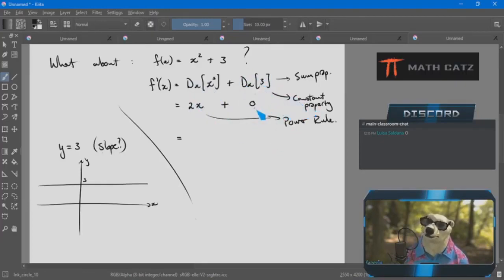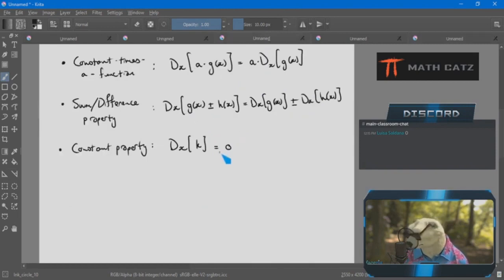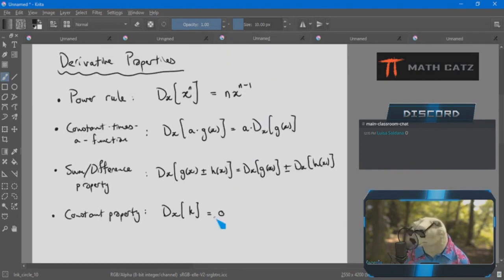I now have a constant property that handles that, and I can simplify it and be done. So all of these come together. It's very important that I know what I'm using and when I'm using it, when I'm not ready to use it, what I need to do first, and the sequence of properties being applied. That will help me to avoid mistakes.